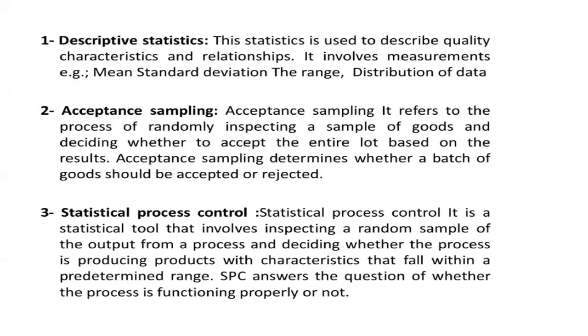Here it is related to the process: for the manufacturing process through which the output is coming out, we check whether these products are produced according to the characteristics predetermined from the organization's side.